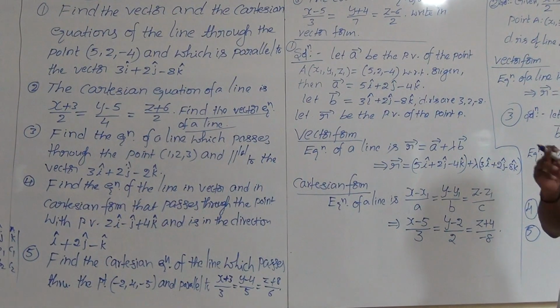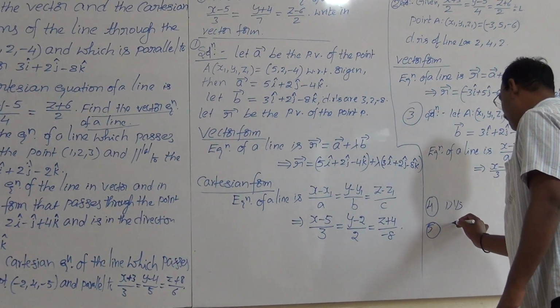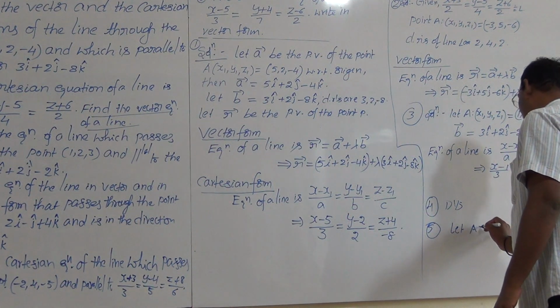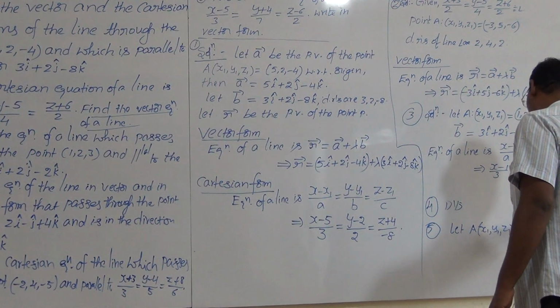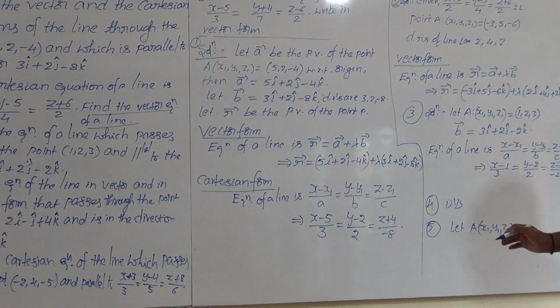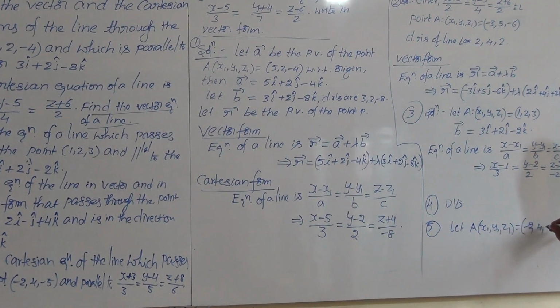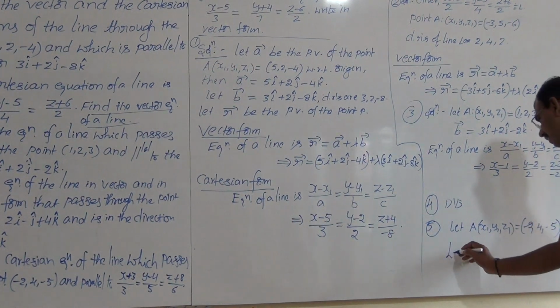The next necessary condition is the DRs, which are already given in the problem. So the given point A is x1, y1, z1. What is the point here? Minus 2, 4, minus 5. The point is given.